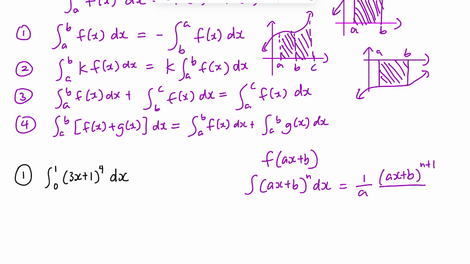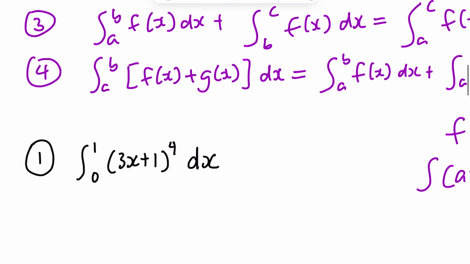And we have to divide by the power. So n plus 1 divided by n plus 1. And remember to always add the constant c. So let's try applying this to the first question here.